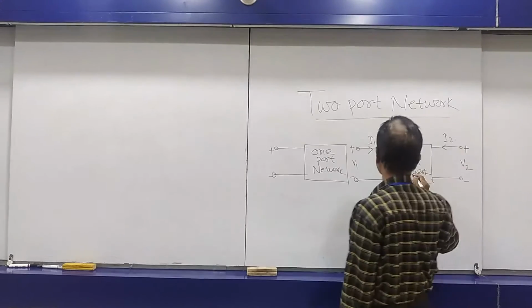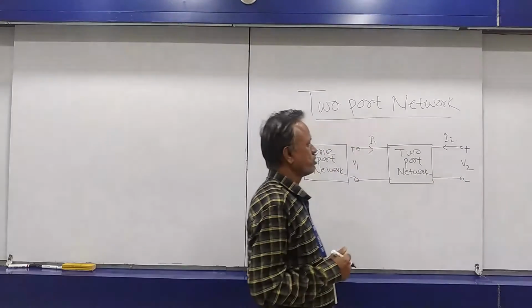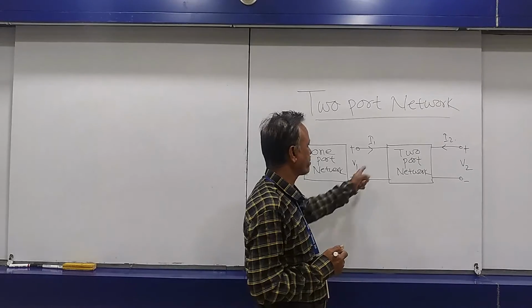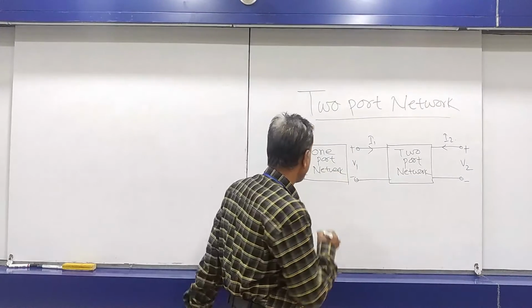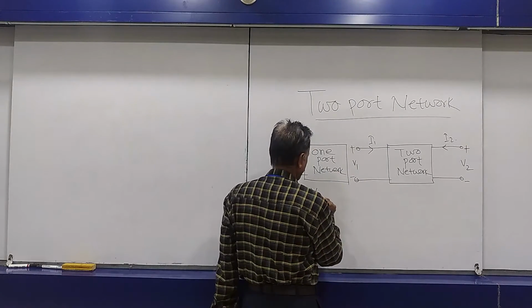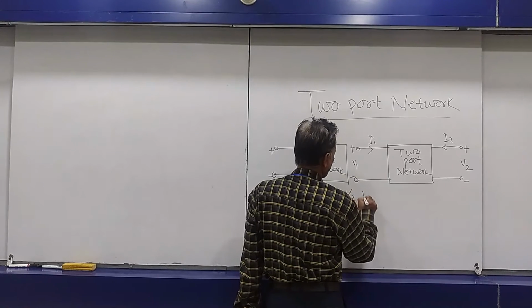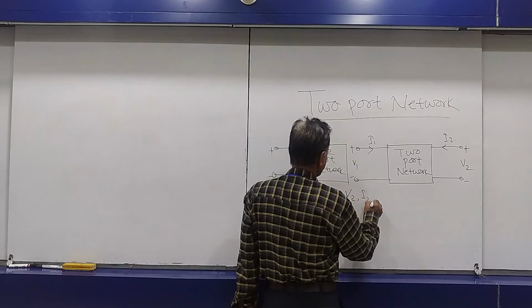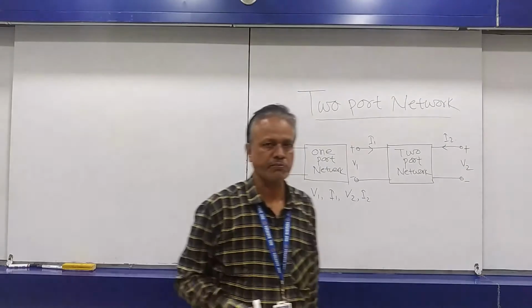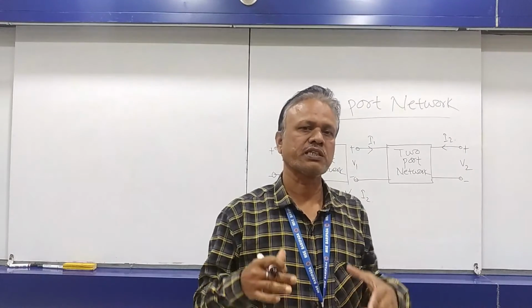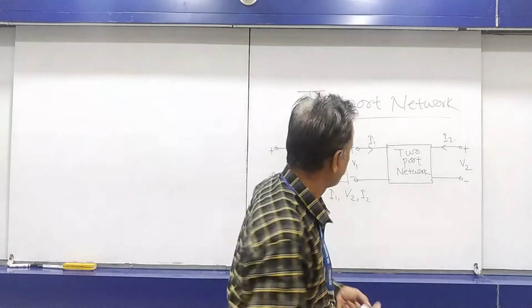So this is the two-port network which has four variables, as we are observing: V1, I1, similarly V2, I2. So these four are the variables. That means we can change their value.